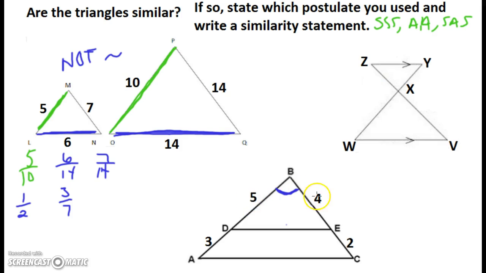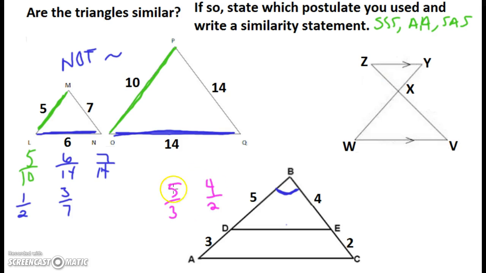You could do 5 over 4 and 3 over 2, like going across the triangle, or you could go down the sides, 5 over 3 and 4 over 2. Either one works. Let's go down the sides. Let me just switch colors so we have something a little different. All right, so if I do 5 over 3, and then on the other side I do 4 over 2.